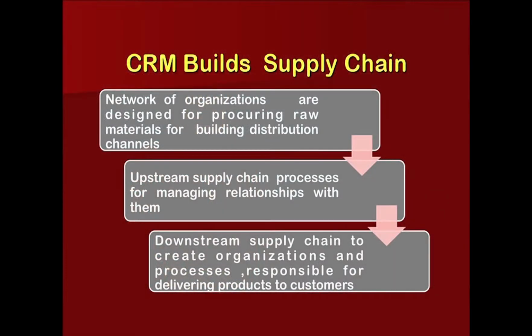CRM builds supply chain. A network of organizations is designed for procuring raw materials and building distribution channels: the upstream supply chain processes for managing relationships with vendors, and the downstream supply chain, organizations and processes responsible for delivering products to the customers.